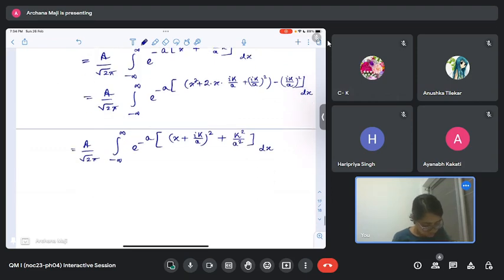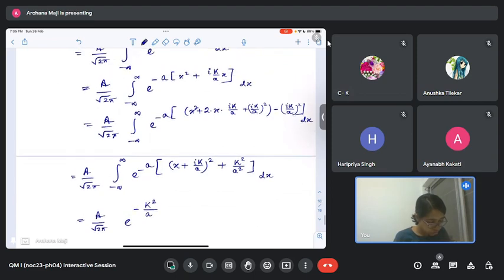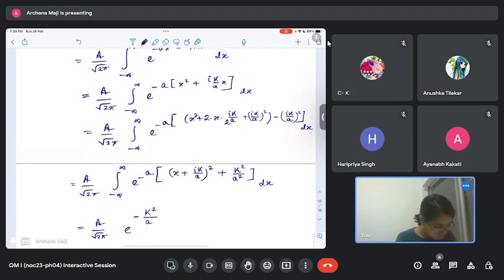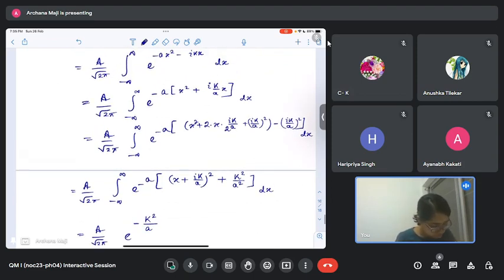dx, a over square root 2 pi exponential minus k square over a, sorry, there should be a 2. This 2 should also be there because that 2 we have just added to make it a 2ab term, plus ik over 2a, here also there will be 2a.